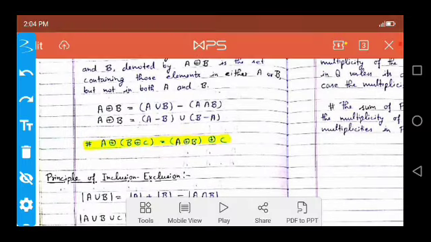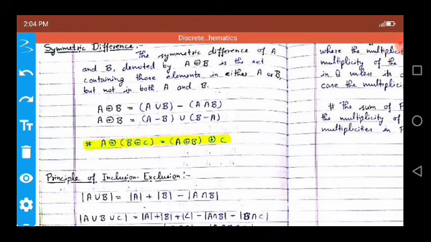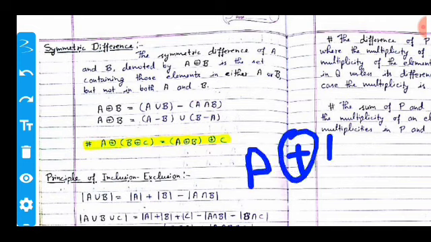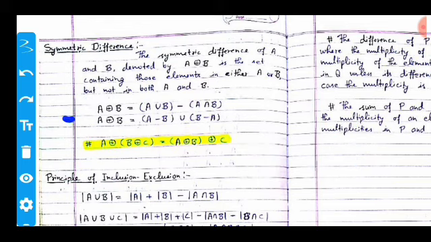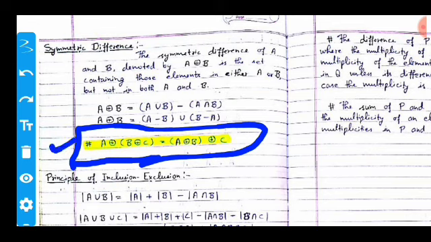The symmetric difference of A and B is denoted by A XOR B. This symbol also says symmetric difference, containing either A or B but not both A and B, meaning the symmetric difference of A and B is equivalent to A union B minus A intersection B, or A minus B union B minus A. Hence we say that using the associative law, A symmetric difference in braces B symmetric difference C is equivalent to A symmetric difference B in braces symmetric difference C.